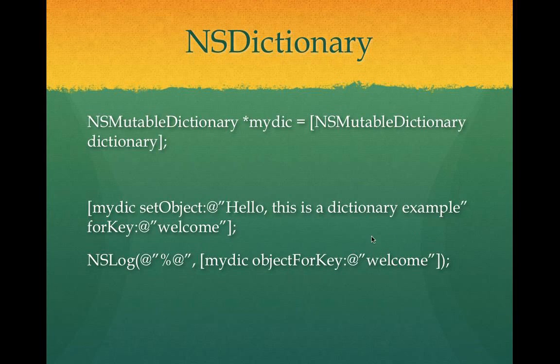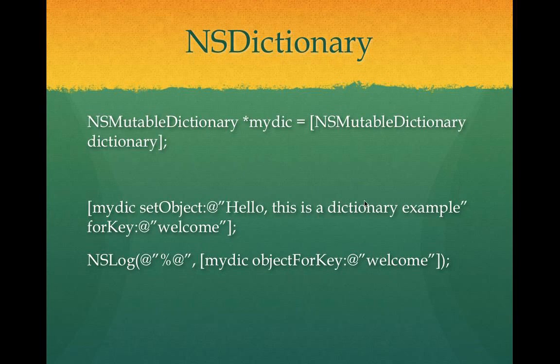In my example, if I type NSLog myDic, which is the name of my dictionary, then I type object for key welcome, I will get this sentence as an output.